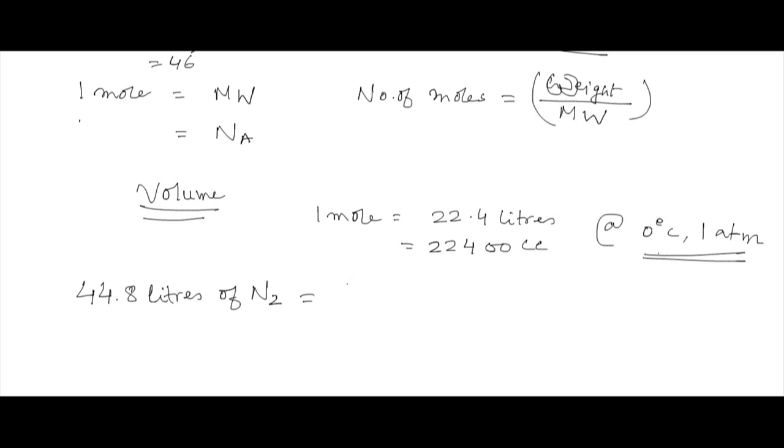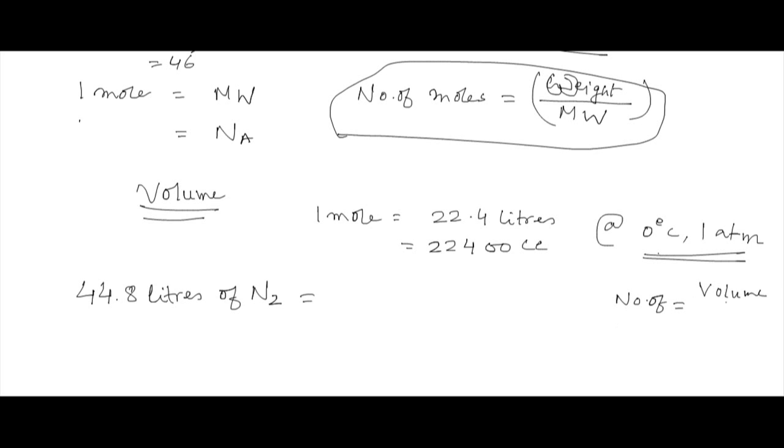Here the case is volume, nothing else. In case this is the case of volume, so number of moles, when you calculate the number of moles, over here we have written weight by molecular weight. Here I write a similar kind of thing, volume by molar volume.